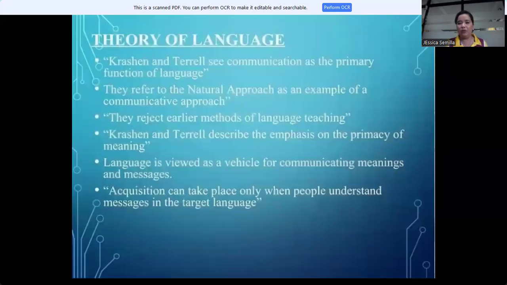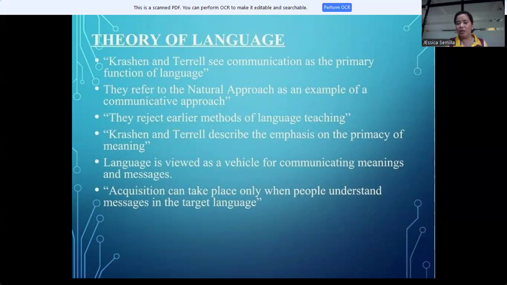So under the theory of the natural approach, they see communication as the primary function of language. So if you look at the natural approach, they use a communicative approach so that they try to get the competence of learners in terms of the use of language. The emphasis of language learning here in the natural approach is more on meaning.